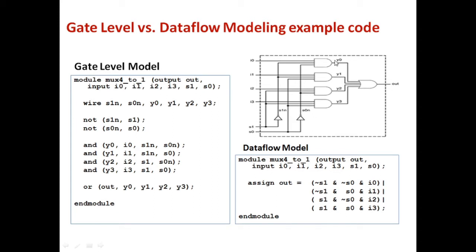What is the module name? I have kept it as mux421 and I am declaring all the inputs and outputs. In the argument list itself I am declaring the input ports I0, I1, I2, I3, S1, S0, as well as the output port OUT. This kind of declaration is called ANSI style of declaration.